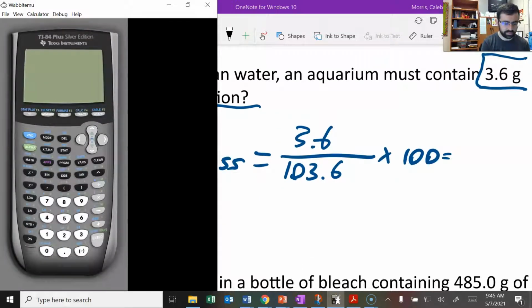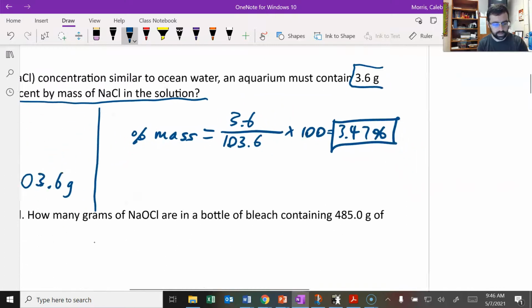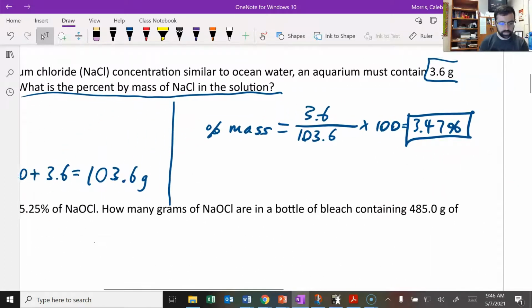So when you put this in a calculator, we would just do 3.6 over 103.6 times 100. That's 3.47%. That's the percent mass. Let's do another example real quick.